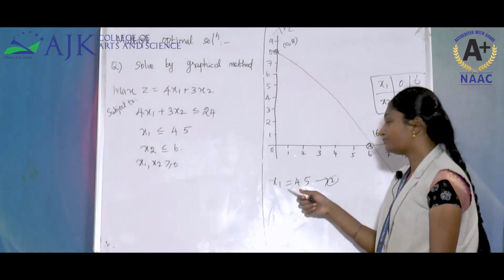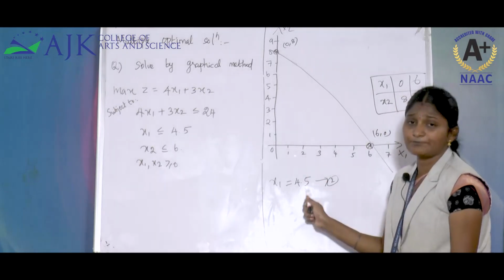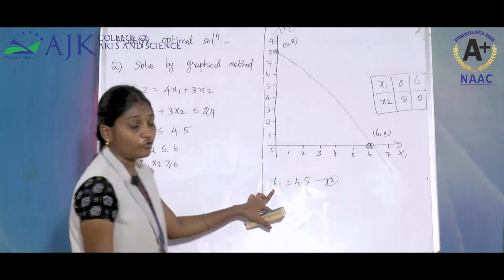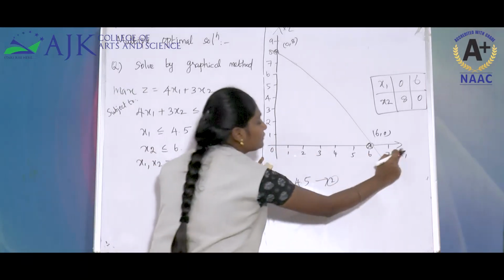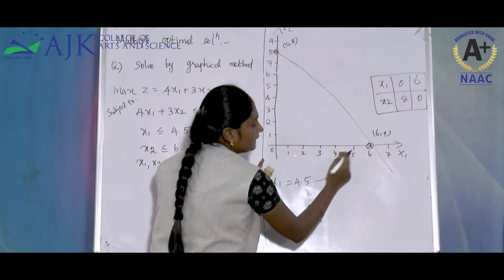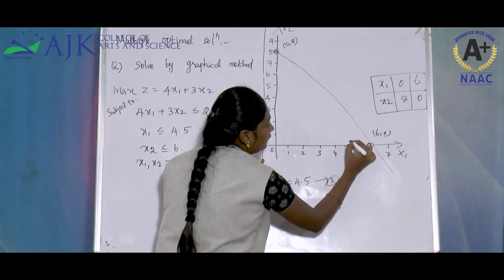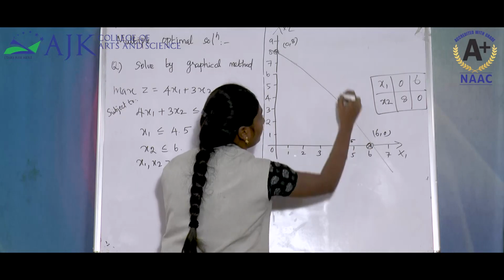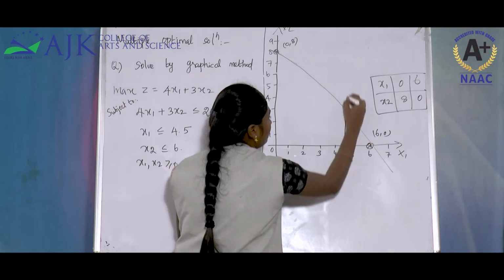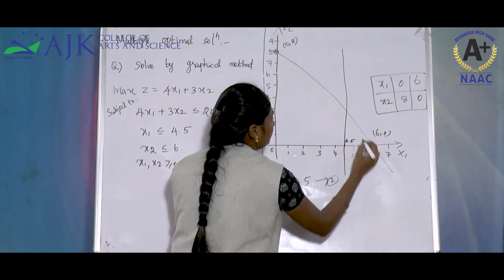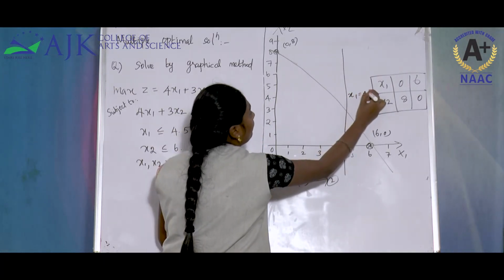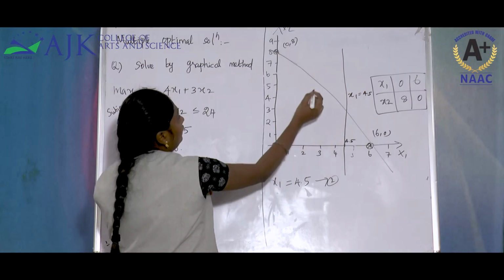So we have to plot this on the graph. This is my x1 axis, 4 is here, so 4.5 is here. So x1 is equal to 4.5, and you draw the line here.